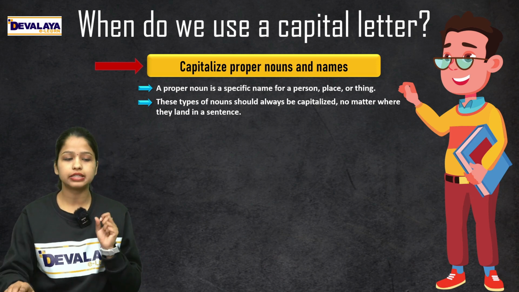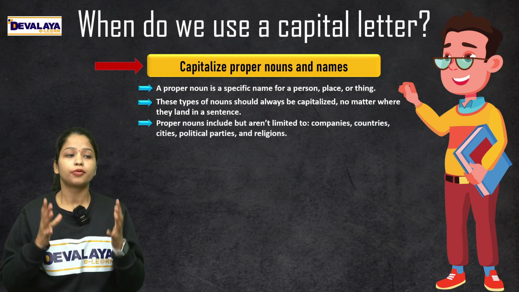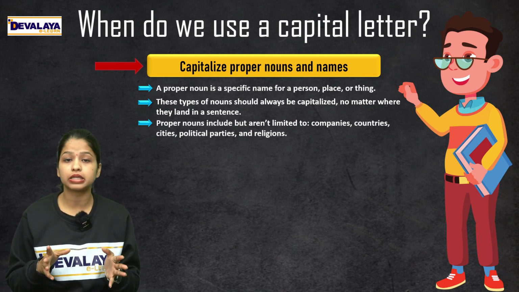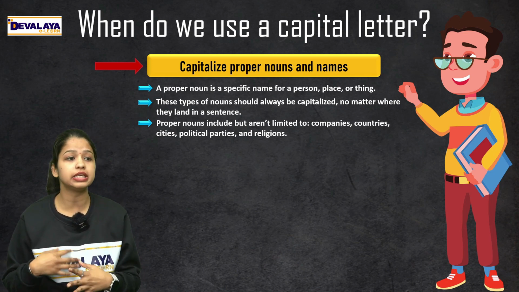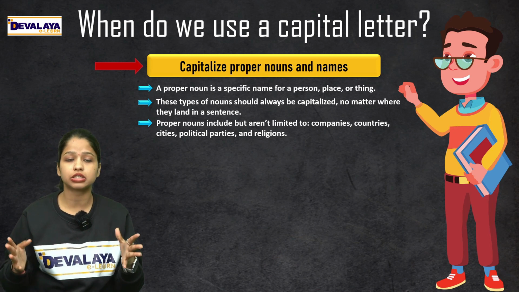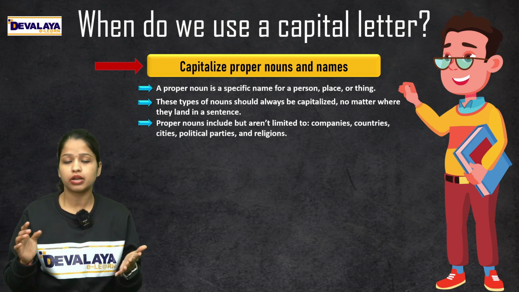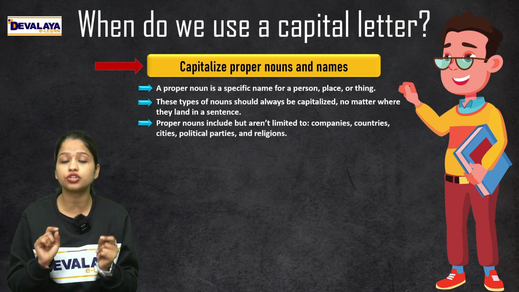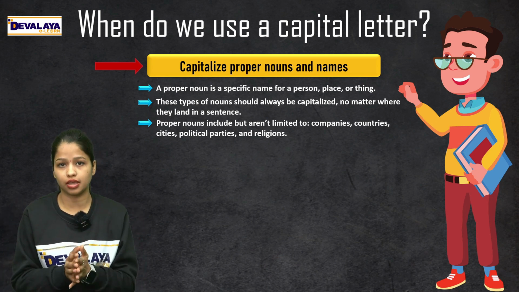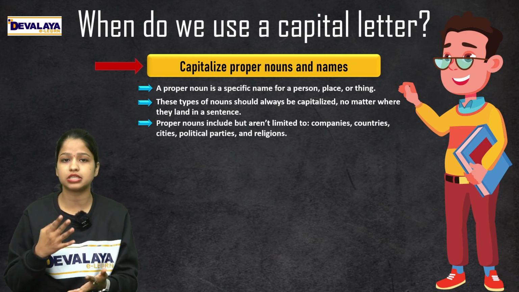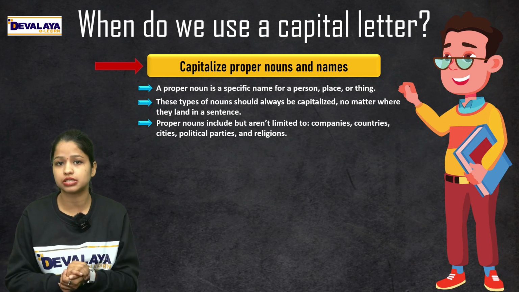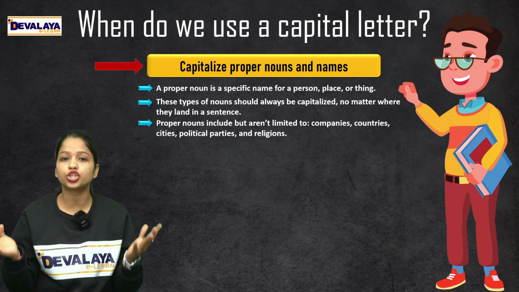Clear? All right. Now, the third point is, proper nouns include but aren't limited to companies, countries, cities, political parties and religions. What does it mean? That they are not just limited to these particular things, that is companies, countries, cities, political parties and religions. They are a lot more than this.